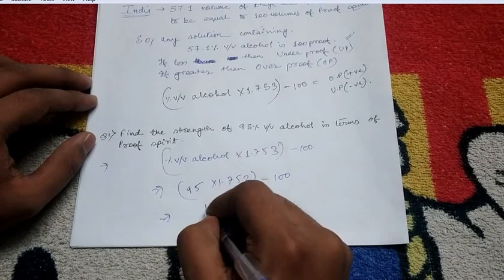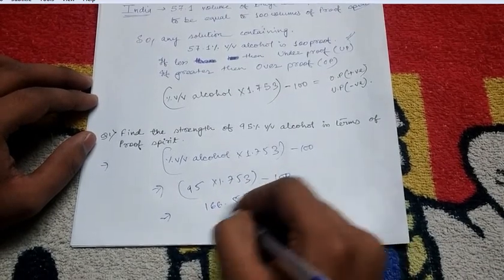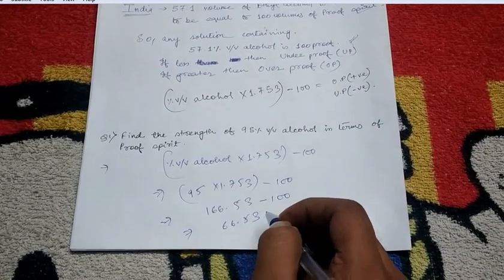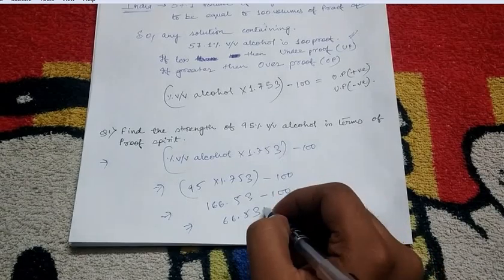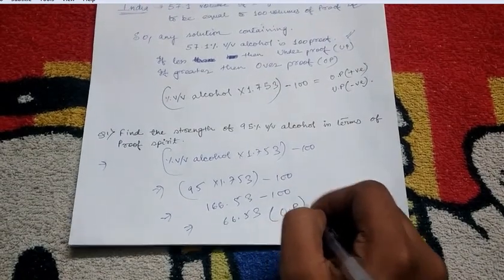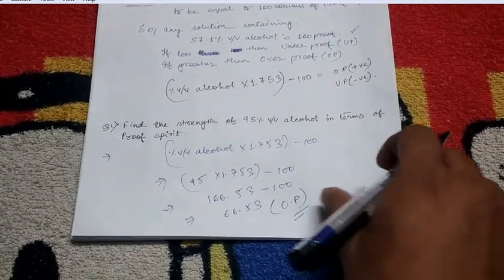We get 166.53 minus 100 to get 66.53, which is positive. That means it is overproof. Simple as that.